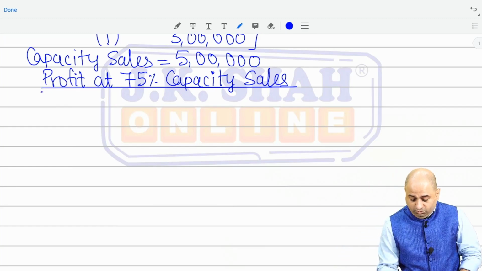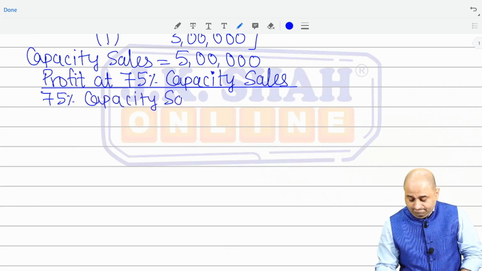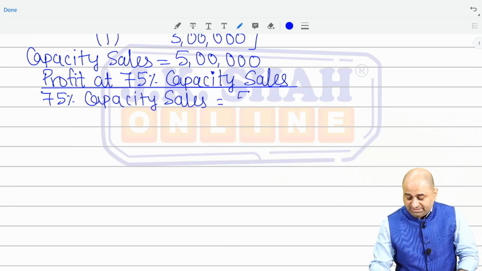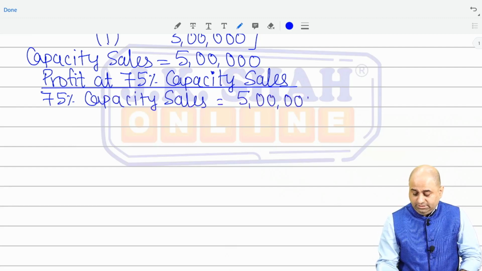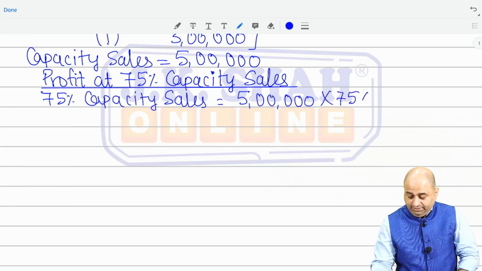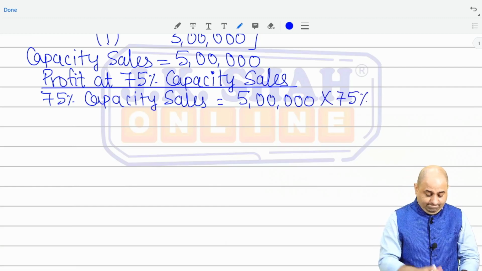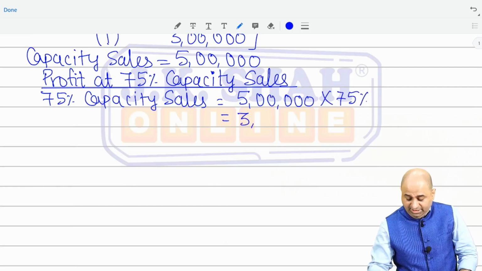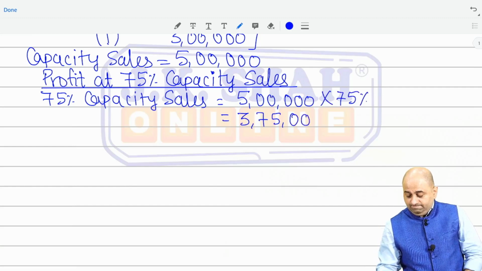So first and foremost, I will calculate 75% capacity sales. Your capacity sales is 5 lakhs into 75%, which is equal to 3 lakhs 75,000.